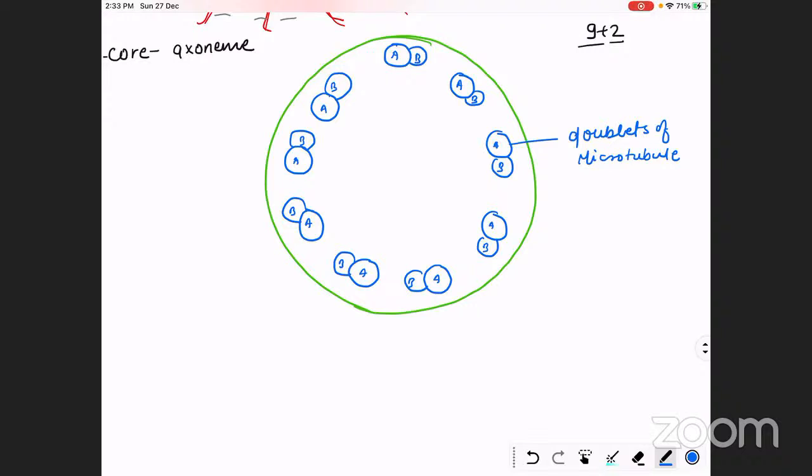So they are the peripheral microtubules, but we also have the central microtubules.